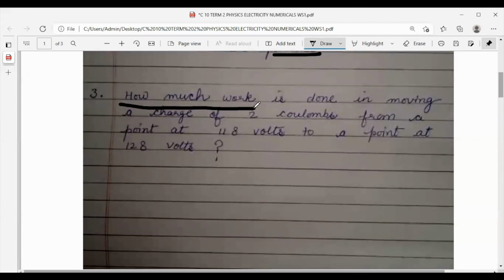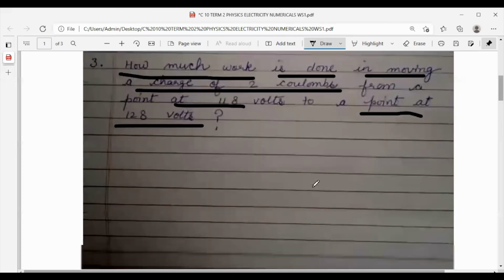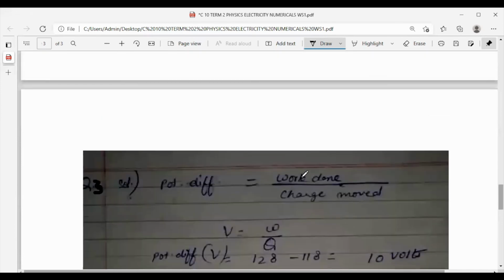How much work is done in moving a charge of 2 coulombs? So charge Q is 2, then work we have to find out from a point at 118 volts to a point at 128 volts. Now we will see the steps to solve the question.